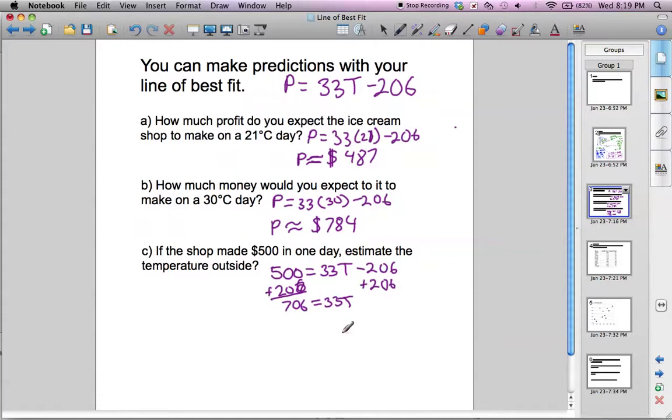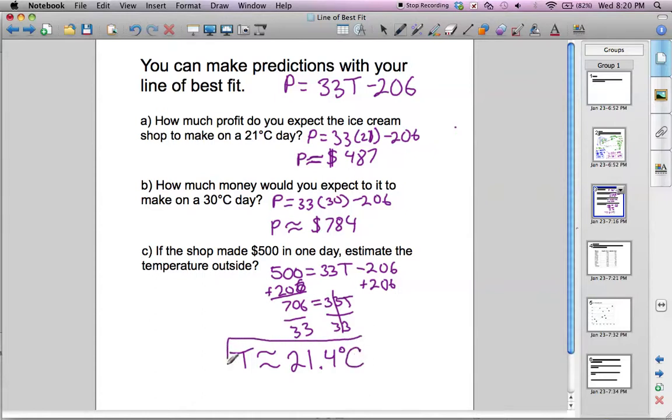And then we're going to divide both sides by 33. 706 divided by 33 gives us a temperature of approximately 21.4 degrees Celsius. So that's a good estimate as to the temperature you need to make a $500 profit in a day.